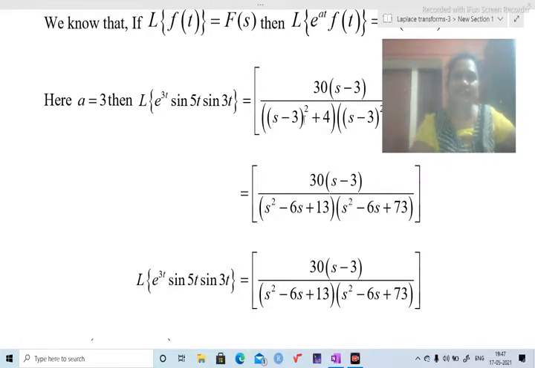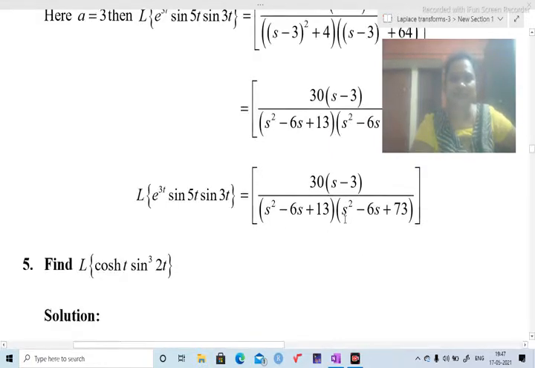Expand s minus 3 whole square by using the formula a minus b whole square. Then the denominator is converted like this. So, the final value of L of e power 3t into sin 5t sin 3t is 30 into s minus 3 divided by s square minus 6s plus 13, s square minus 6s plus 73.